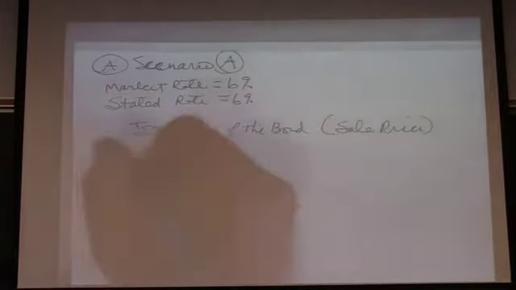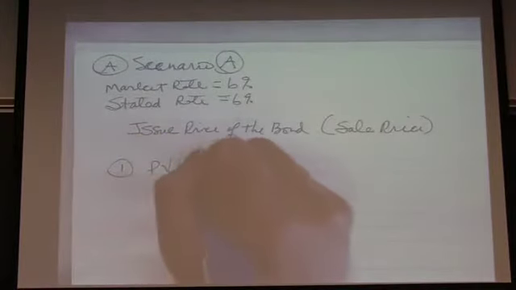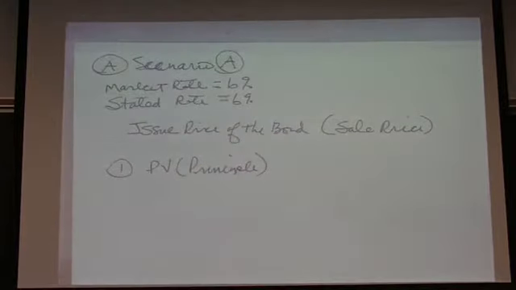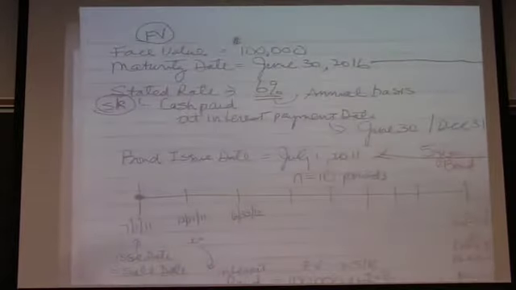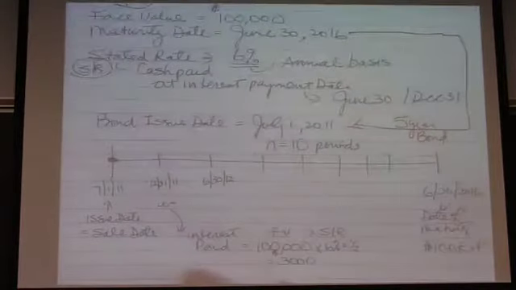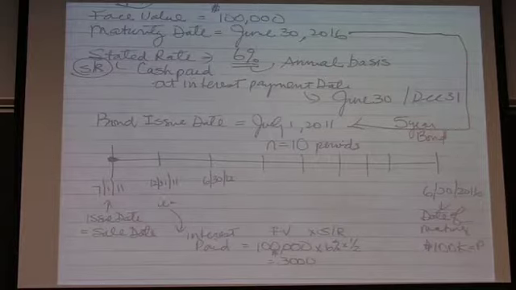So first step is we're going to present value the principal. Because remember, the whole concept here is we're trying to determine what is the value of this cash flow to the investor. And because these payments happen to be in the future, we have to use present value techniques.